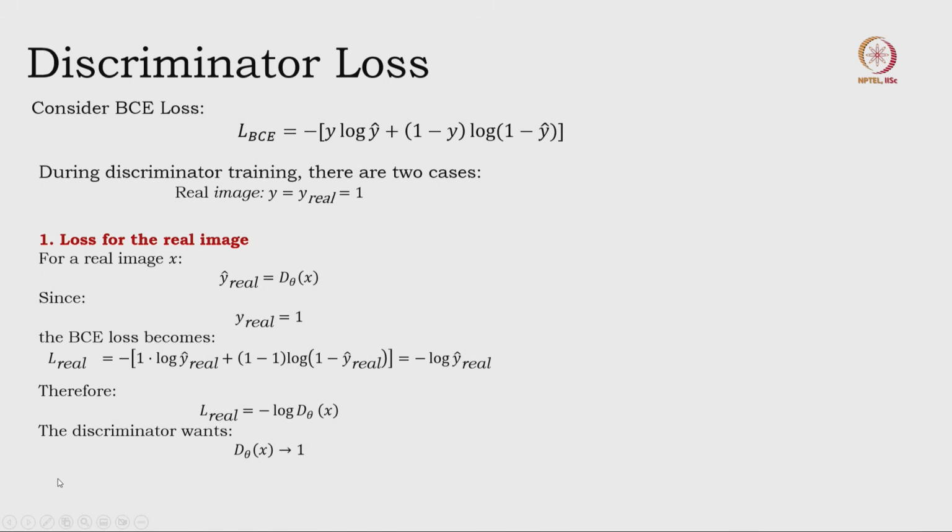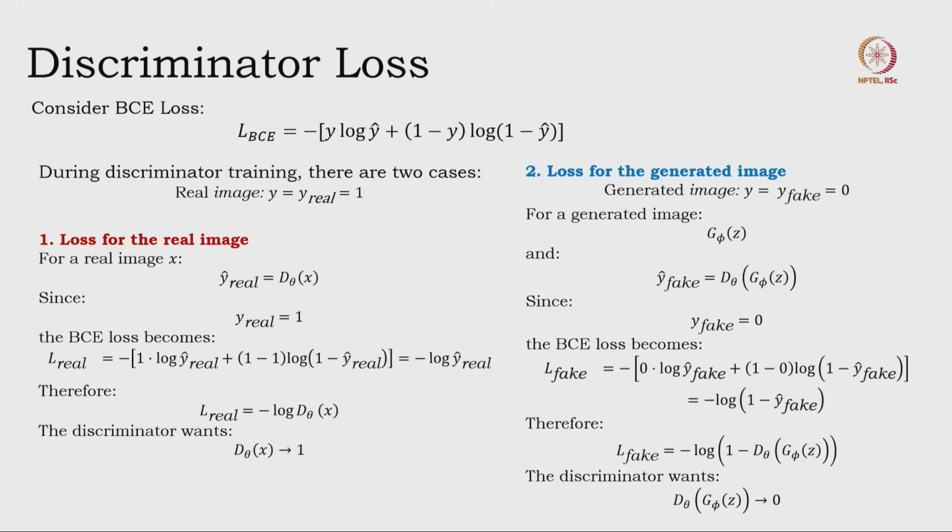This is the first. Second, you have the generated images also. How will you write it for generated? Go back: for a generated image, what should be the original y fake? The original y should be 0. When y is 0, the first term will not exist, because 0 into something becomes 0, and 1 minus 0 will be 1, so we have log of 1 minus y hat. Now, what is y hat?